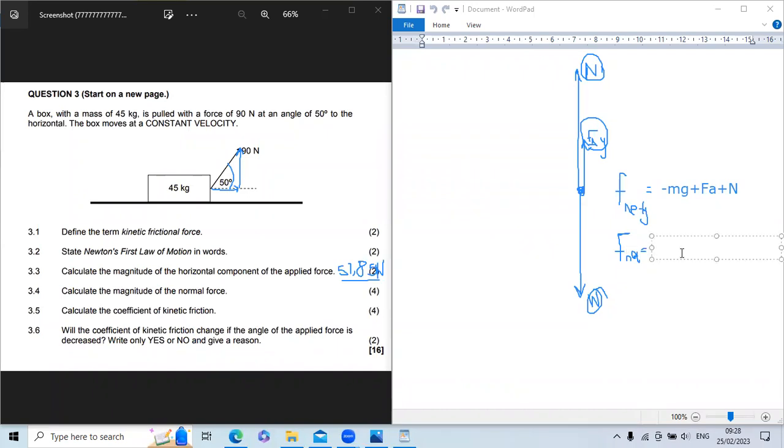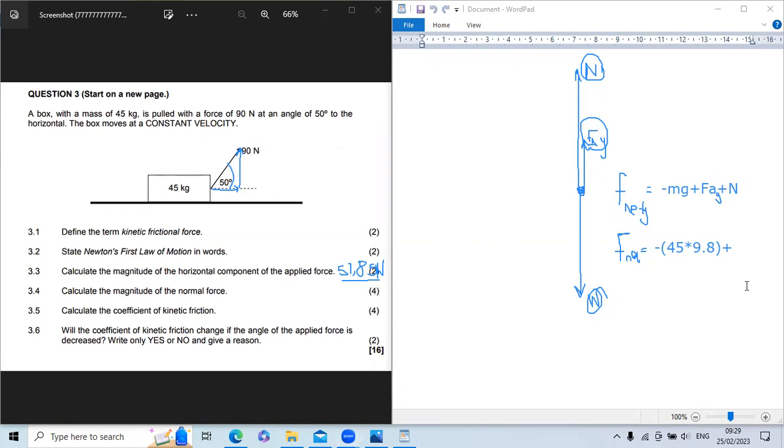So we're going to have negative 45 times 9.8. You guys are using 9.8 for your gravitational acceleration, right? Yes, sir. Okay. And then this is going to be added to, did you find your force applied vertical component? So it's 68.94. 68.94, right?